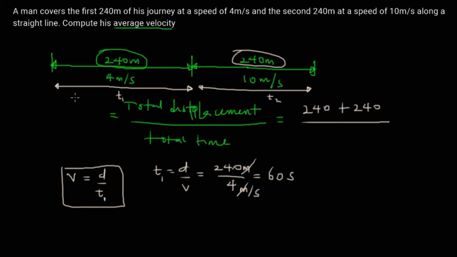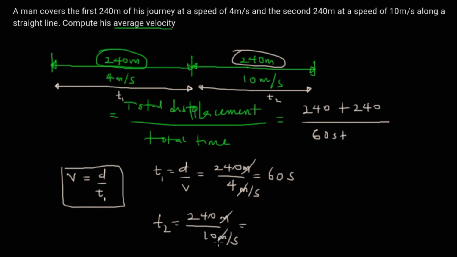So it took the man 60 seconds to cover his first 240 meters. So that's 60 seconds plus the other time, t2, which has to be equal to the distance, 240, upon the speed, which is 10.